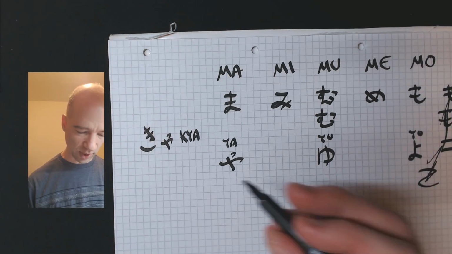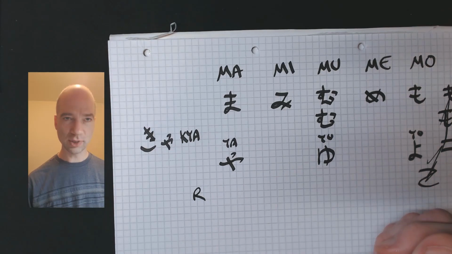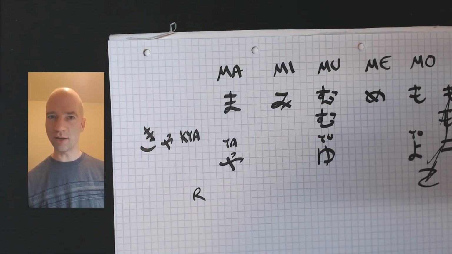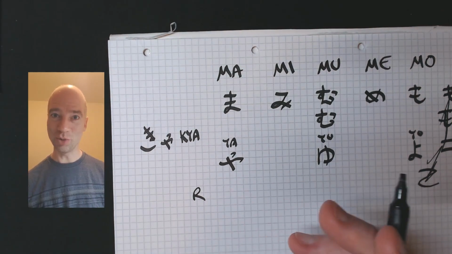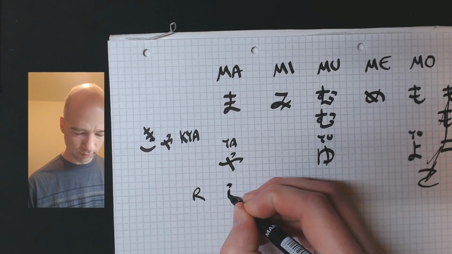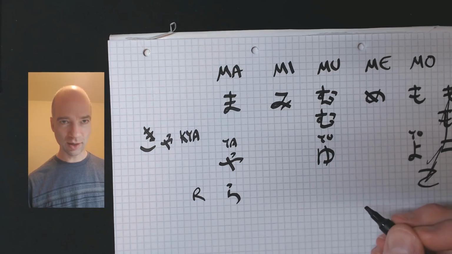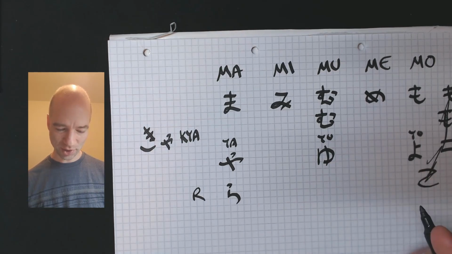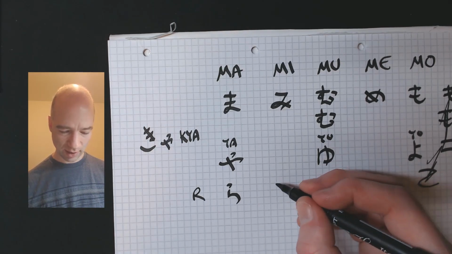Let's do the next one as well. That's the R line. Akasata na hama yara wa. So almost done. Ra. That looks familiar because it's similar to some other ones we've had. Ri.